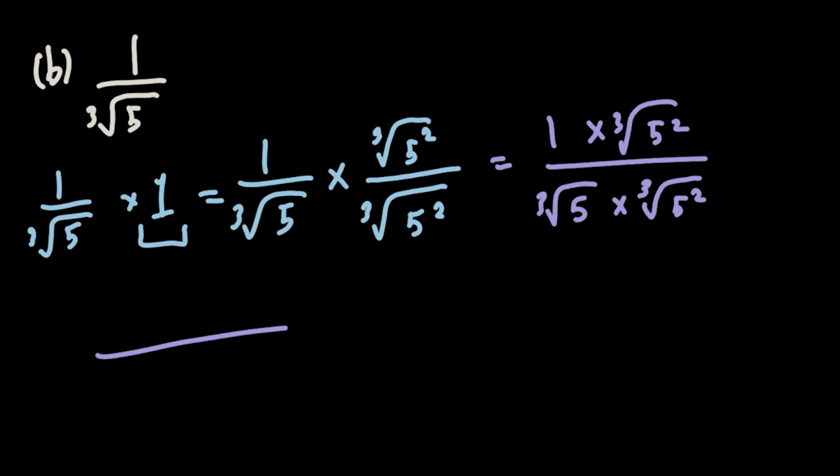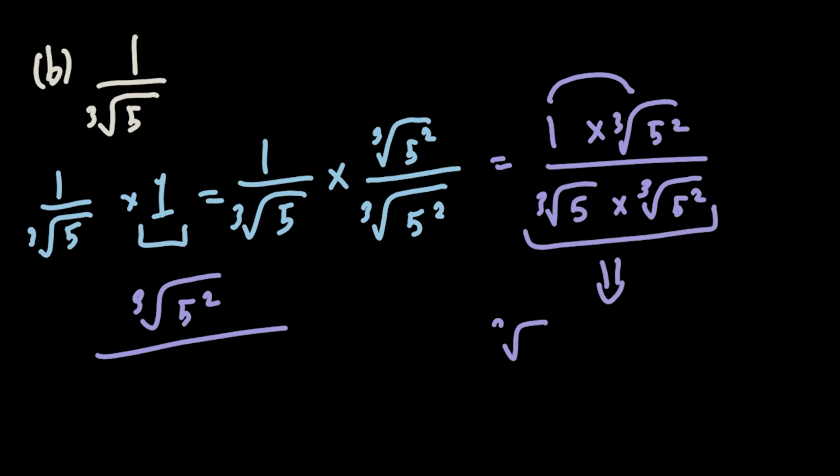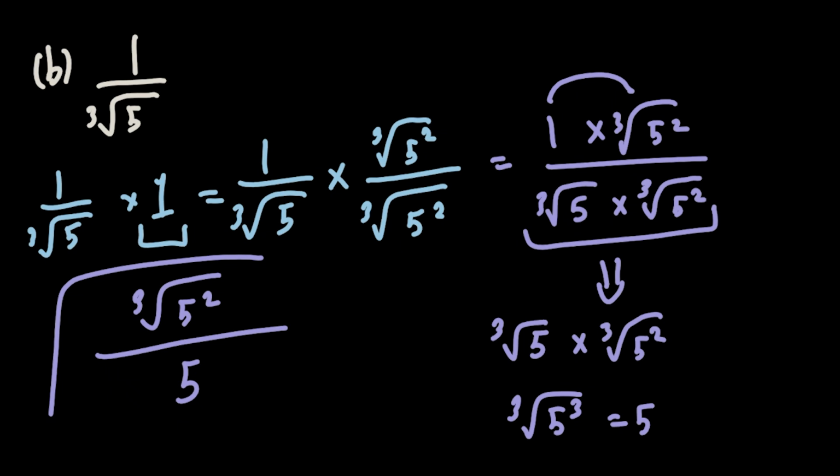So 1 multiplied by this, so we'll get the third root of 5 to the power 2 over this expression here, which is nothing but the third root of 5 multiplied by the third root of 5 to the power 2. That would equal the third root of 5 to the power 3, and that would equal 5, so we will get 5 here. And this is the last solution.